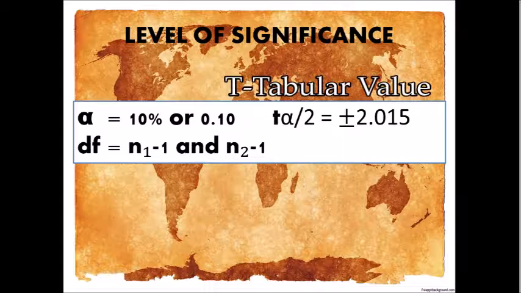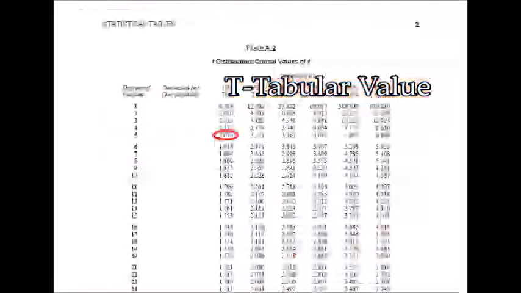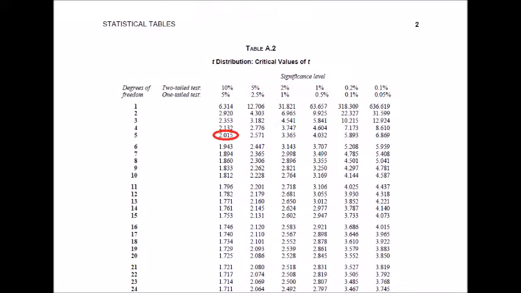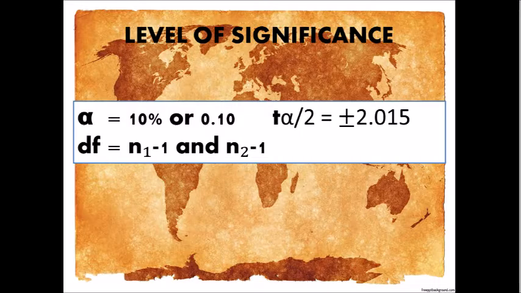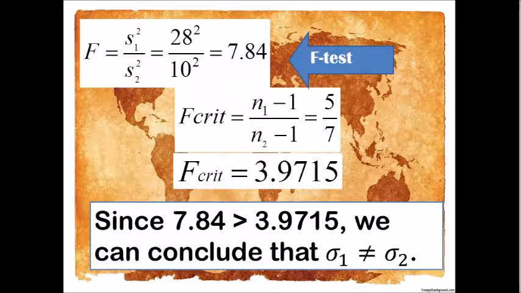T sub alpha over 2 is equal to positive and negative 2.015, while the degrees of freedom is equal to n sub 1 minus 1 and n sub 2 minus 1. Then, we will get the F-test using the formula given earlier. F is equal to S sub 1 squared over S sub 2 squared. Therefore, 28 squared over 10 squared is equal to 7.84.